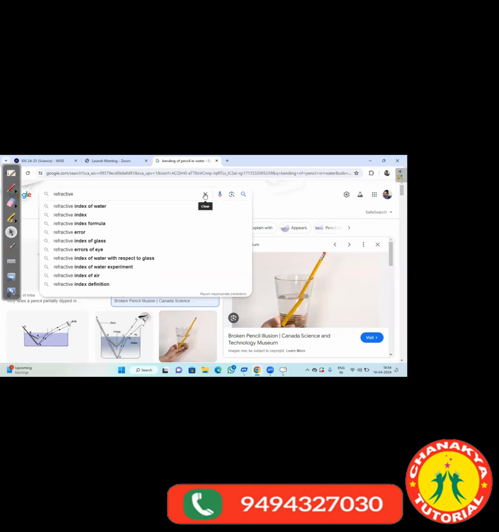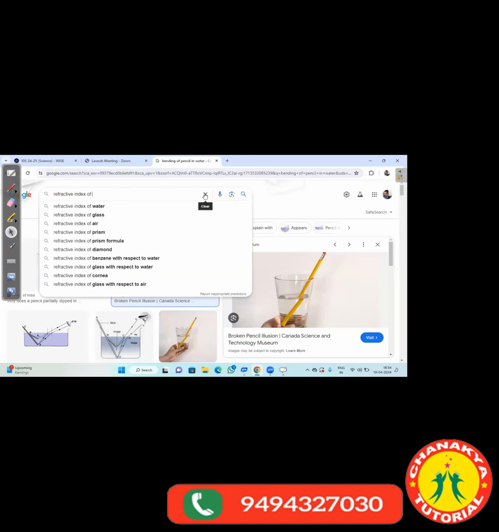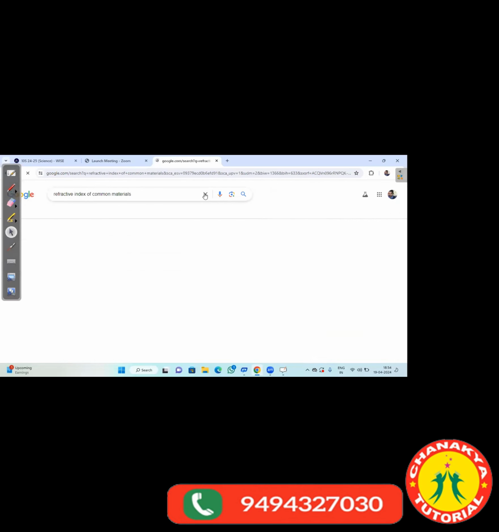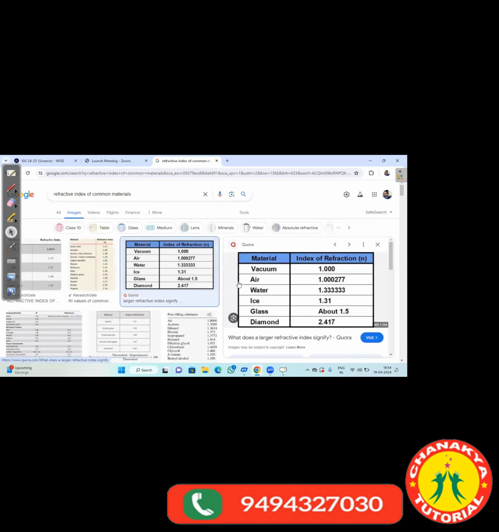The refractive index of some common materials we want to see. This list gives you the refractive index of certain materials. See, the refractive index of vacuum is 1, which means light travels fastest in vacuum, with speed 3 times 10 to the power 8.